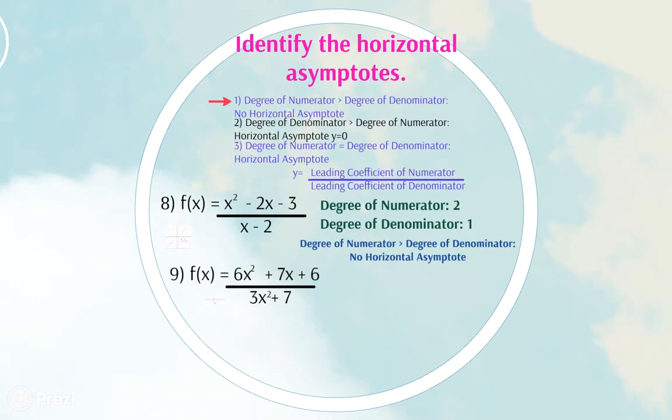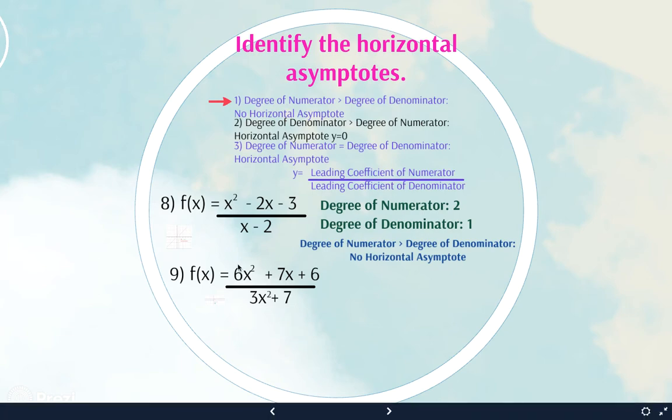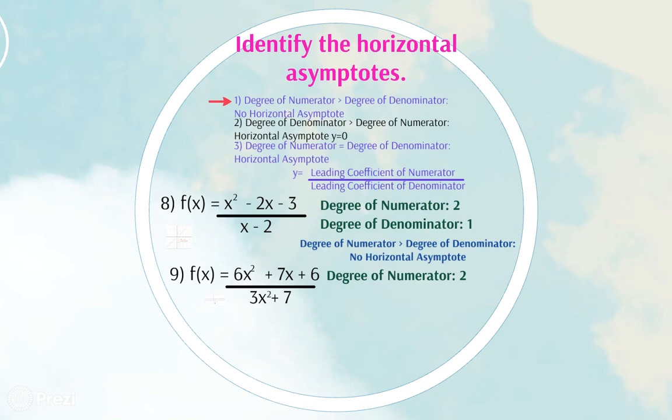So let's talk about example 9 now, which is also in your handy dandy notebook. Again, we start by identifying the degree of the numerator and the denominator. What's the highest exponent in the numerator? It's a 2. So the degree of the numerator is 2. What is the degree of the denominator? Holy hot dog, you guys, it is a 2.